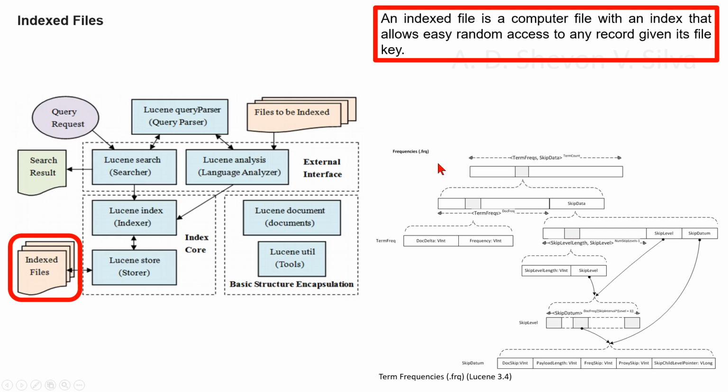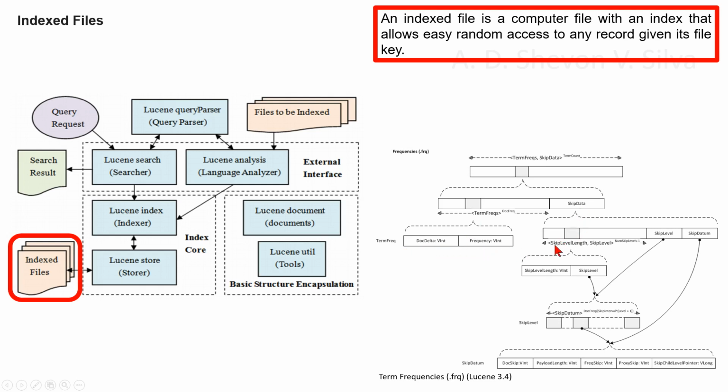Here you can see the term frequencies .frq file. It consists of term freq, doc freq, and the skip data. The term freq consists of doc delta vint and frequency vint.